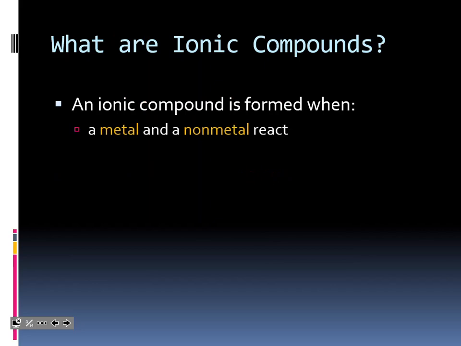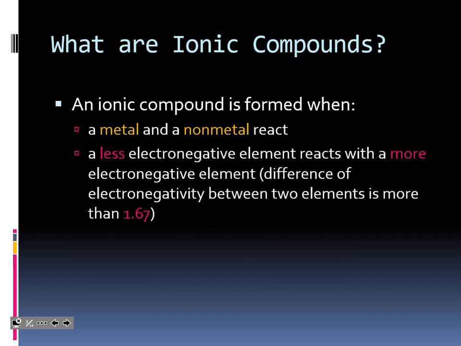Ionic compounds are formed when you have a metal and a non-metal reacting. And it's about the electronegativity difference that creates the ions, because you have the less electronegative element, which is the metal, reacting with the more electronegative element, which happens to be the non-metal, and the electronegativity difference is greater than 1.67.